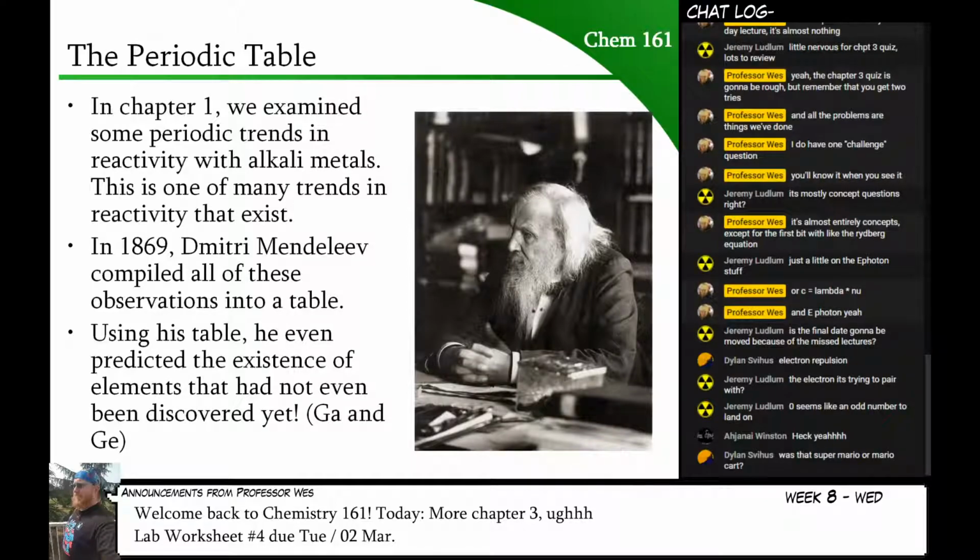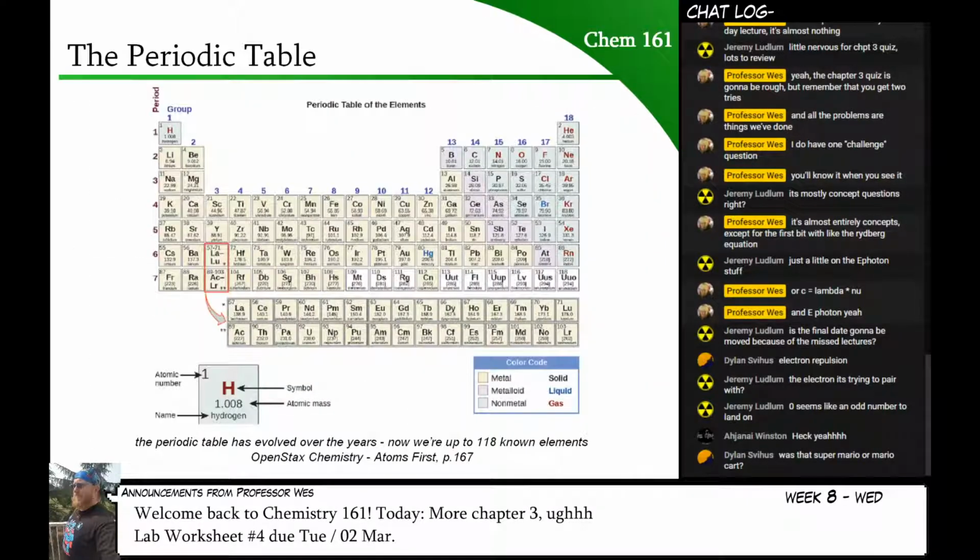What is that pattern? What Mendeleev did was he stacked all the elements that did that in a column. And he did that with other regular patterns, such as, oh, these elements have this many valence electrons. I'm going to stack them all together. And so what he ended up doing was he created the basis of the periodic table.